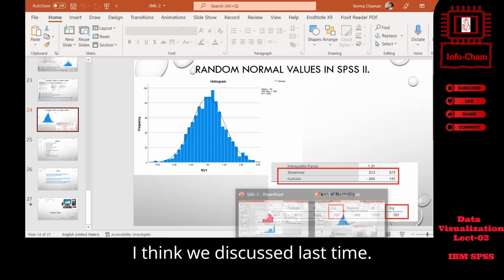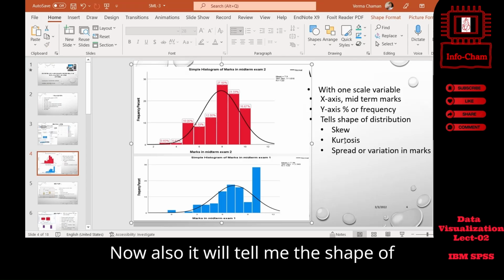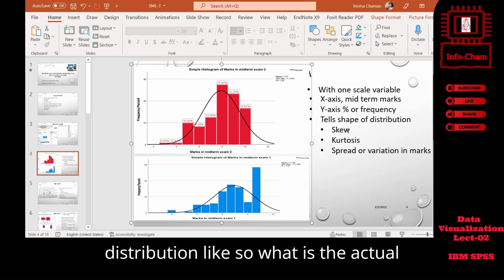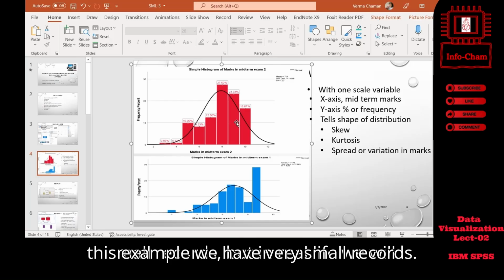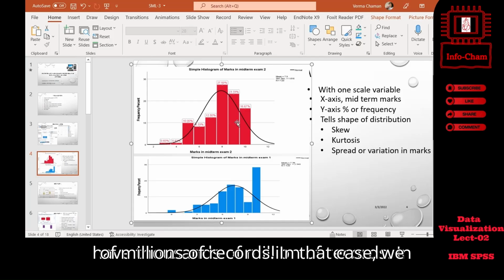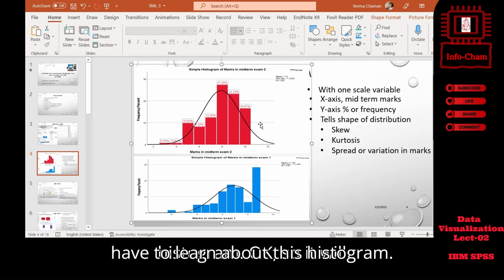I think we discussed that last time. It will also tell me the shape of the distribution, like what the actual shape of the distribution of my data is. In this example, we have very few records, but in real life we will have thousands or millions of records. In that case, we have to learn about this histogram.